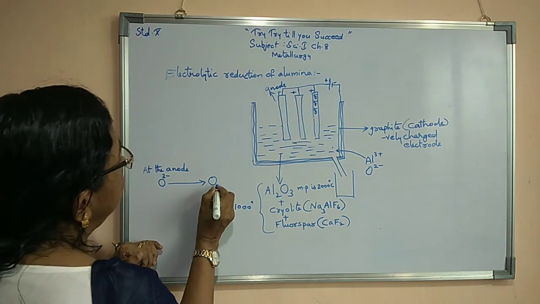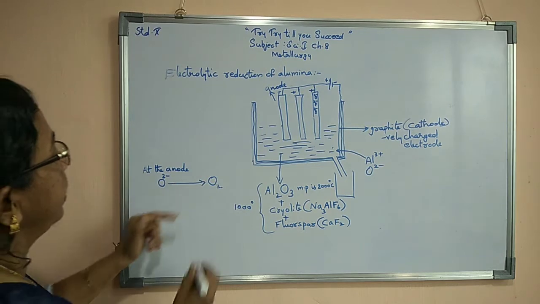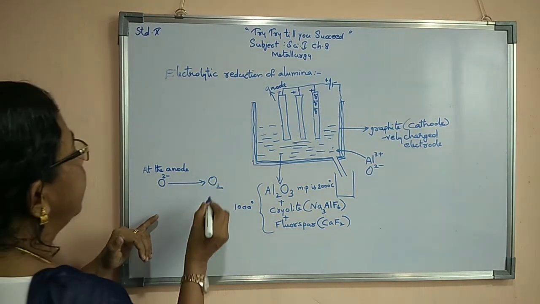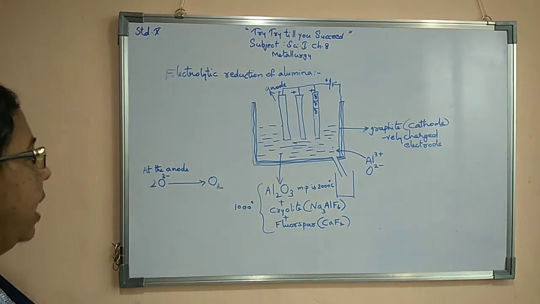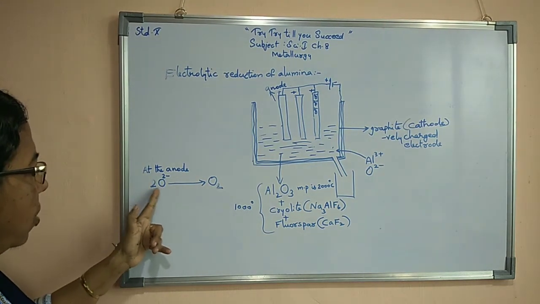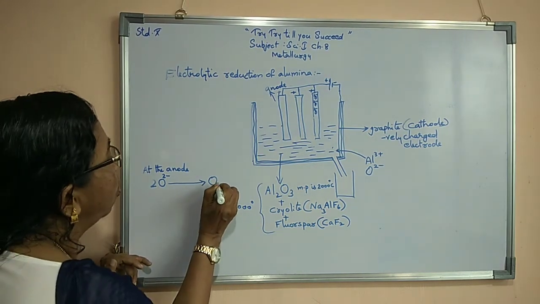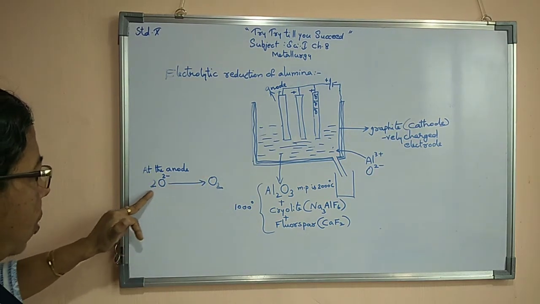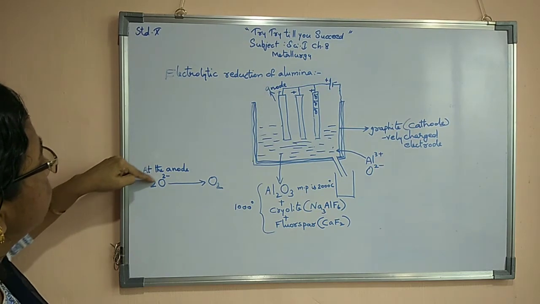Now here you see, one oxygen ion has 2 minus, but here there is an oxygen molecule, O2. An oxygen molecule means there should be 2 oxygen ions, then one O2 formation is possible. So with 2 oxide ions, how many electrons will there be? 2 twos are 4.